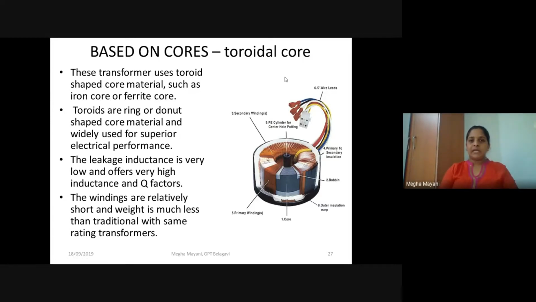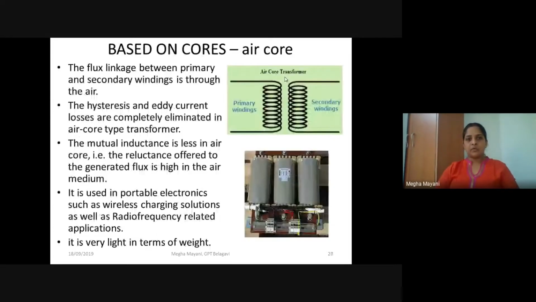We can take up the last one, which is the air core transformer. Here the flux linkage between the primary and secondary is through the air.